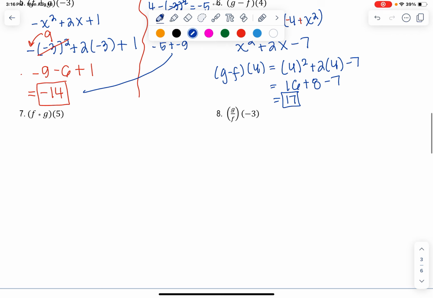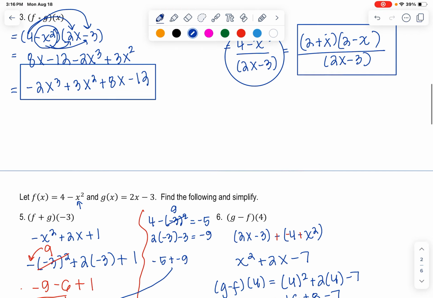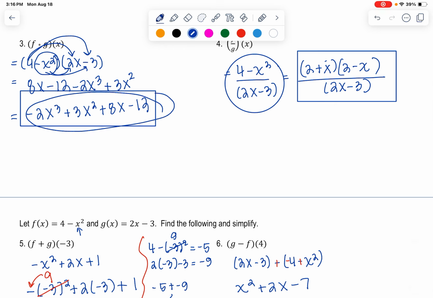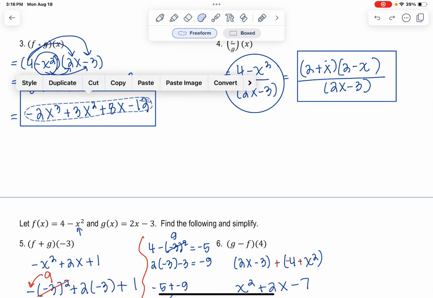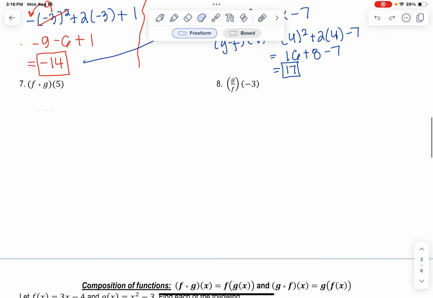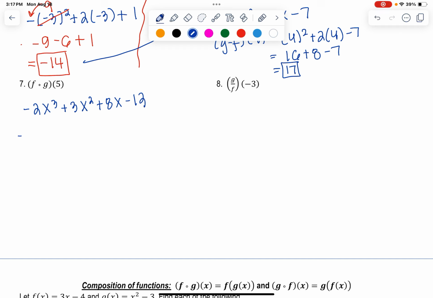Okay. All right, we have f times g of 5. I already did f times g. It's right here, right? So I'm going to copy that and paste it down here. And now I'm just going to plug in 5 everywhere I see an x. So negative 2 times 5 cubed plus 3 times 5 squared plus 8 times 5 minus 12. And now I just got to clean that up.